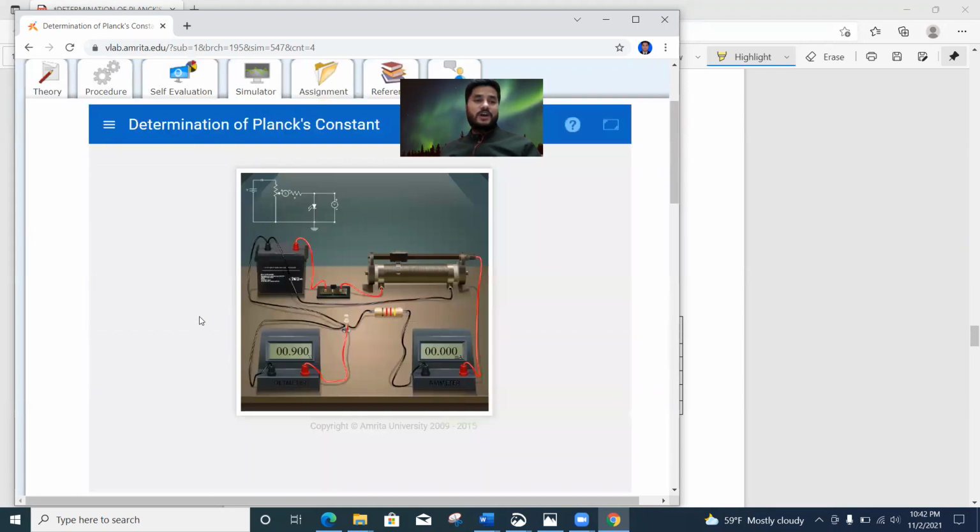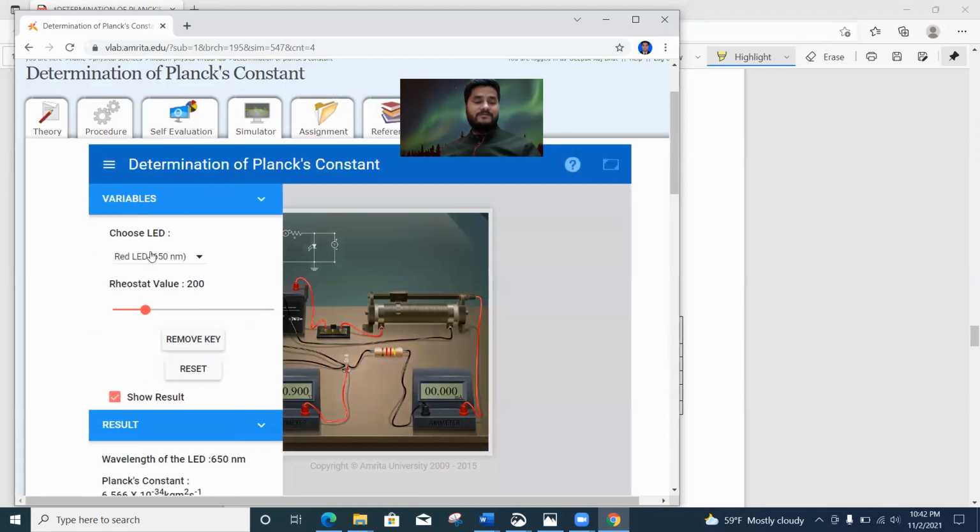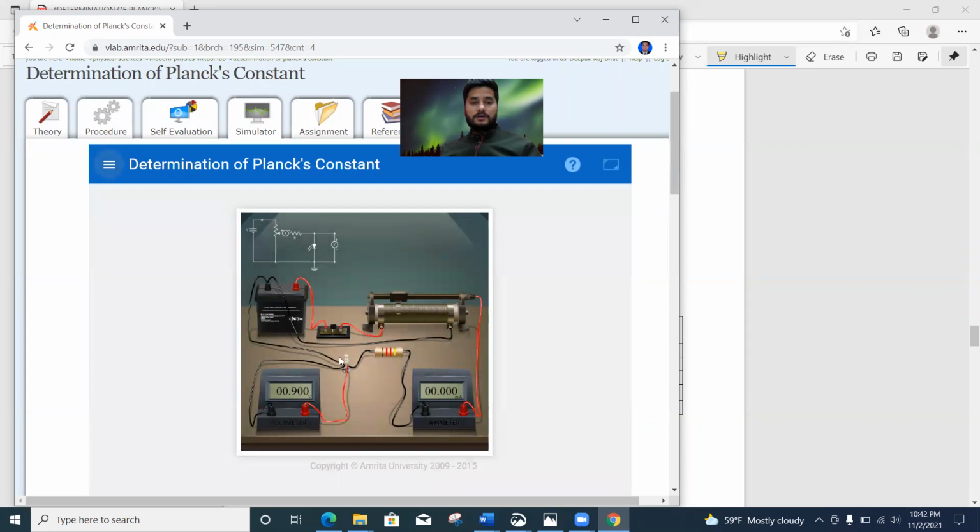In this way, we do the same procedure for the next LED bulb. Next is the green diode, which has a 510 nanometer wavelength, and we adjust the rheostat to nearly 200. The diagram looks like this.